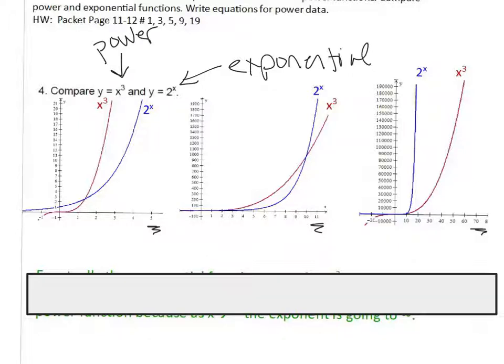So in comparing, if I want to think about as x goes to infinity, which graph will dominate and have higher y values? Because in the exponential function, the x is going to take on the infinity, this exponential will eventually have the higher exponent once we get past the value of 3.